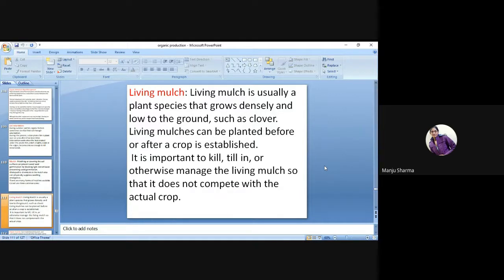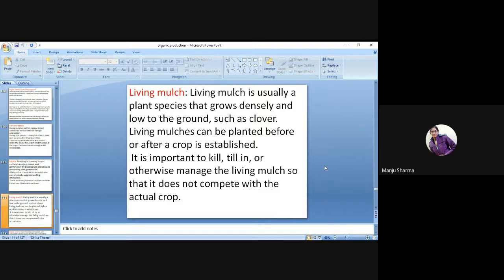First is living mulch. Living mulch is usually a plant species that grows densely and low to the ground, such as clover. Living mulches can be planted before or after a crop is established.